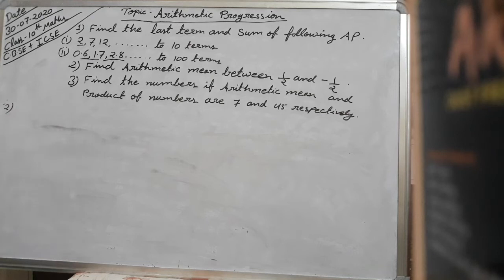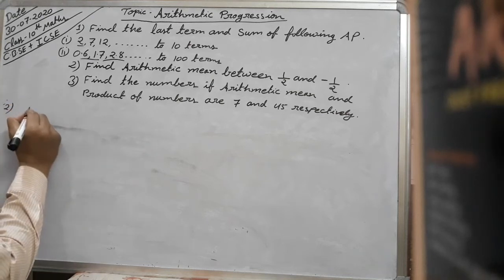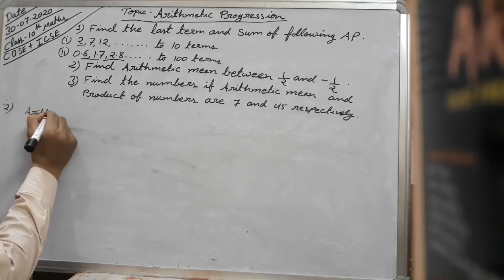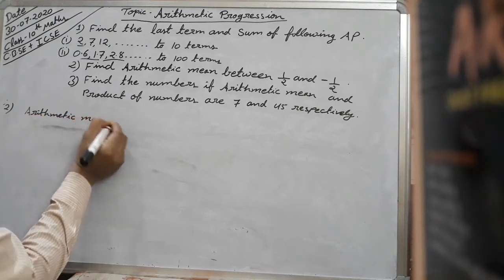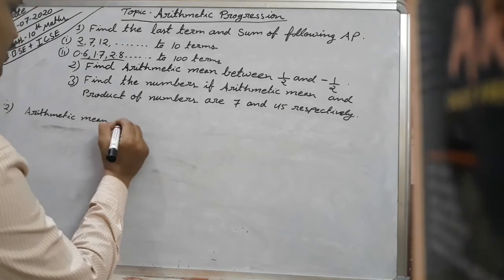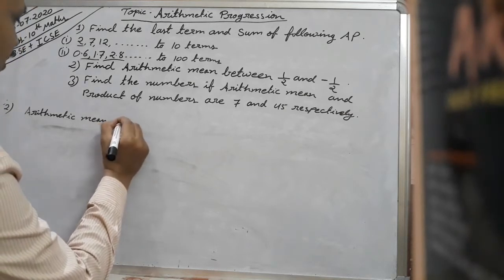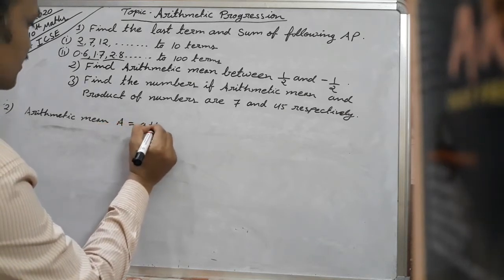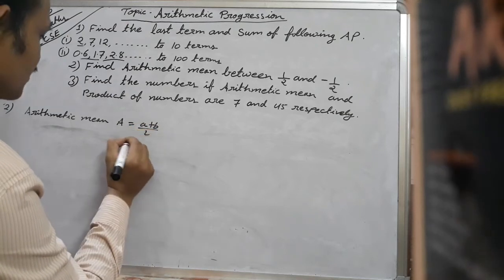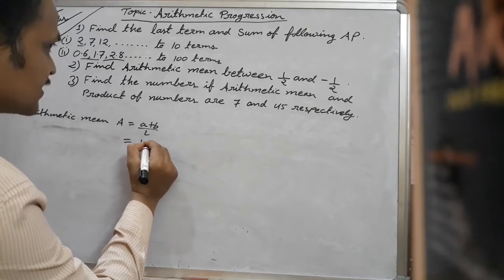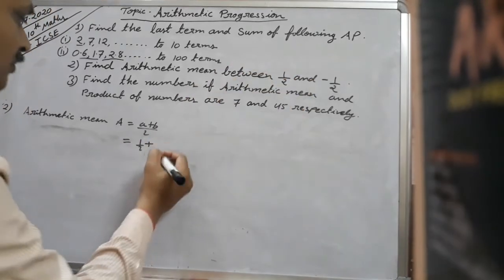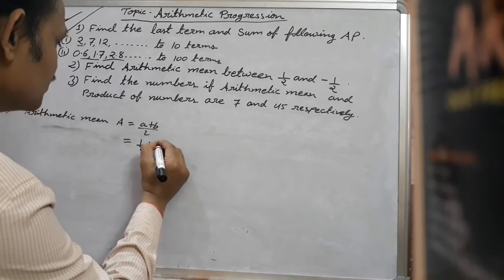What is the formula of arithmetic mean? Arithmetic mean is equal to a plus b by 2. That is, what is a? 1 by 2, plus b. What is b? Minus 1 by 2.